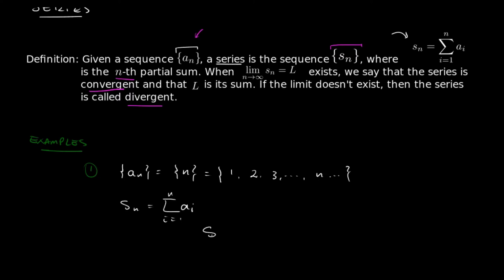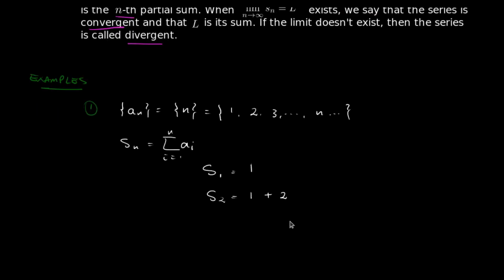Then S1 is going to be the first element, 1. S2 is going to be the sum of the first element and the second one. S of 3 is going to be 1 plus 2 plus 3 and so on. S of n is 1 plus 2 plus up to n.